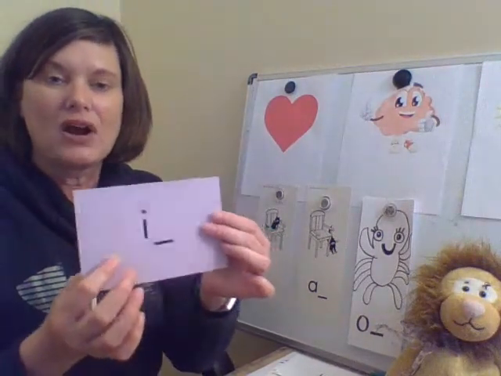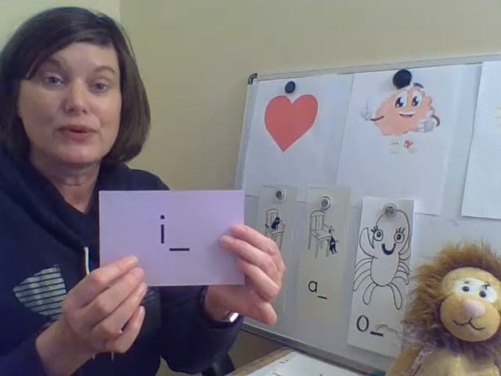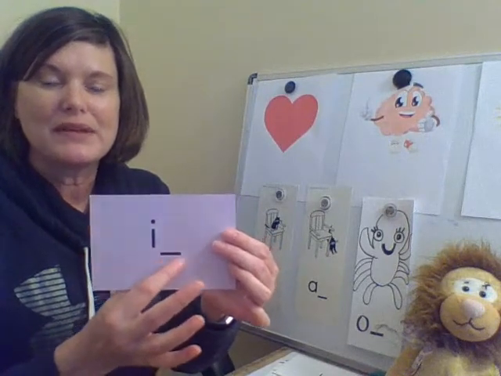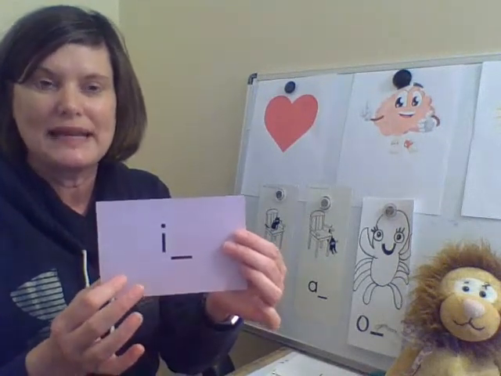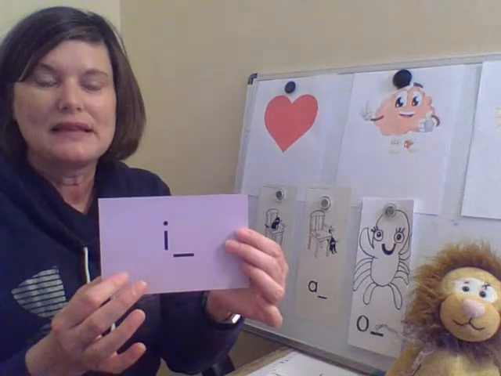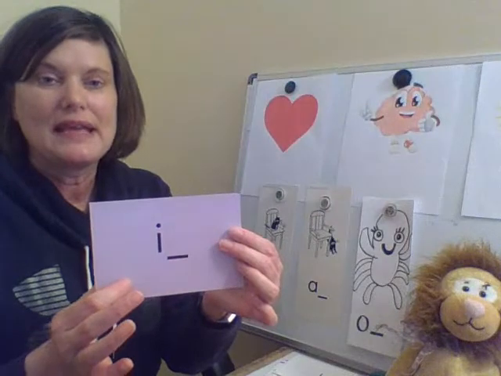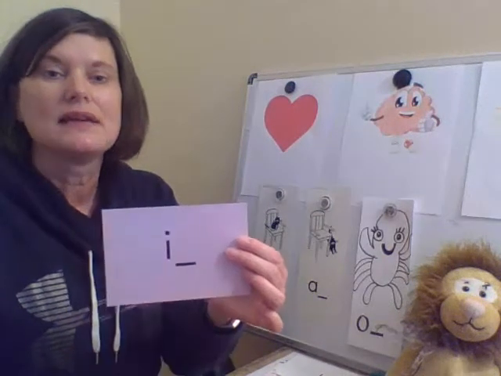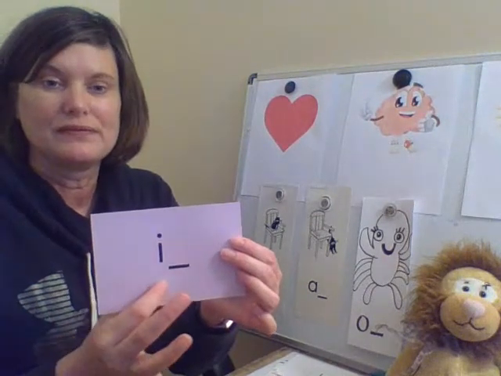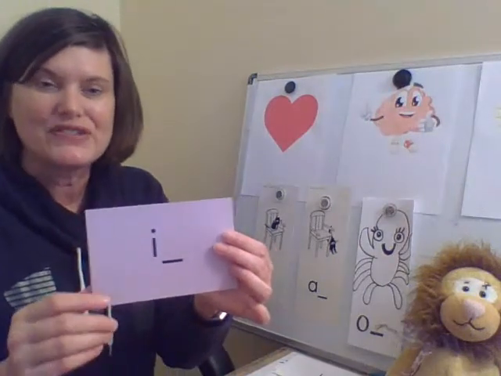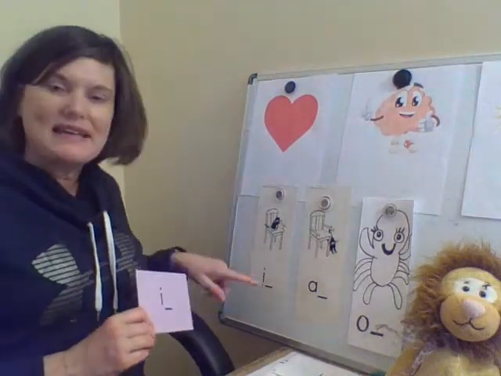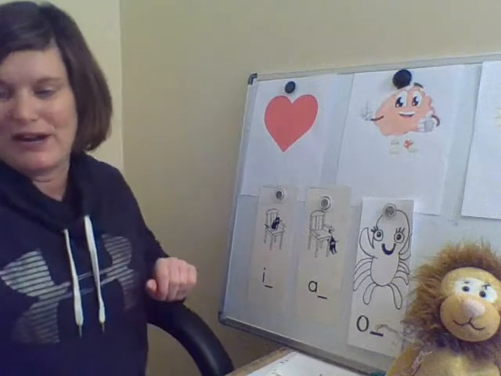All right, our other closed syllable for I. Remember, that means there's a consonant blocking it in. Okay, ready? I. Good, let's do it together. I. Now your turn. Fantastic. Remember, like the cat is in the chair.